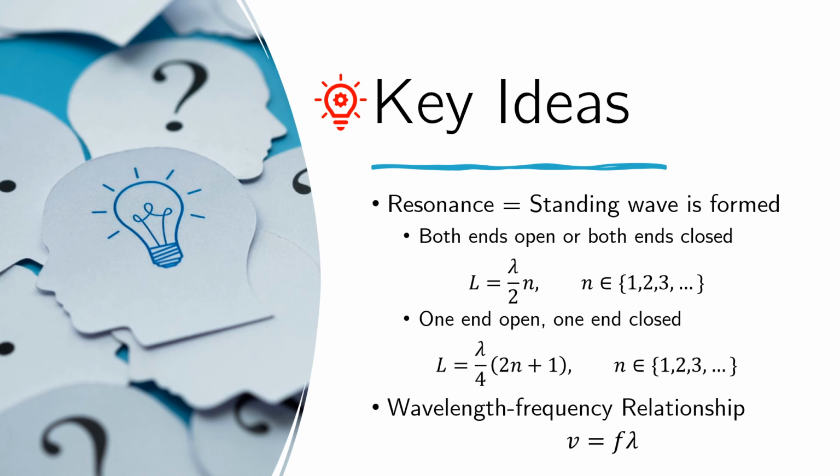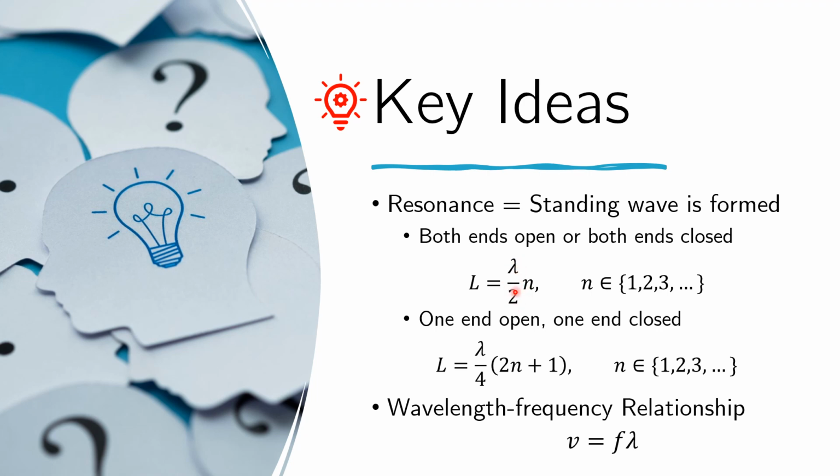The problem mentions resonance, and the idea of resonance is that it is actually the same as when a standing wave is formed in the tube. So that's the resonance inside that tube. And we recall that when both ends of the tube are open or closed, the resonance happens, or the standing wave is formed, when the length of the tube is an integral multiple of half of the wavelength of the wave.